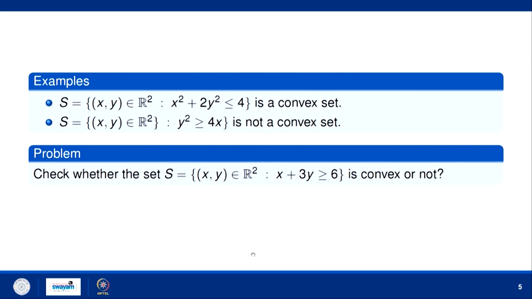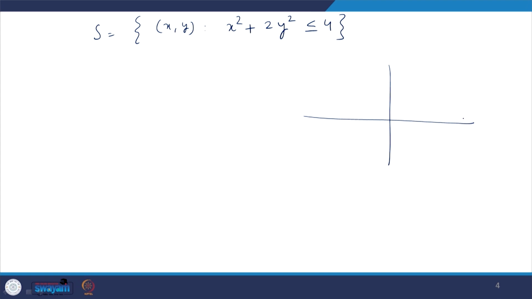So, the first example is all those x y such that x square plus 2 y square is less than or equal to 4. So, if you take S, which is all those x y such that x square plus 2 y square is less than or equal to 4, then what does this represent? Let us see. This is x square plus 2 y square. First you take the equality sign.